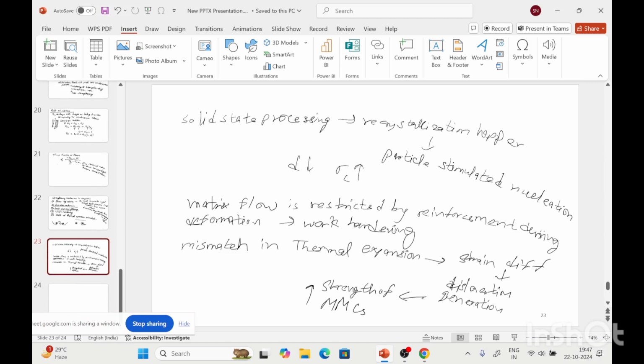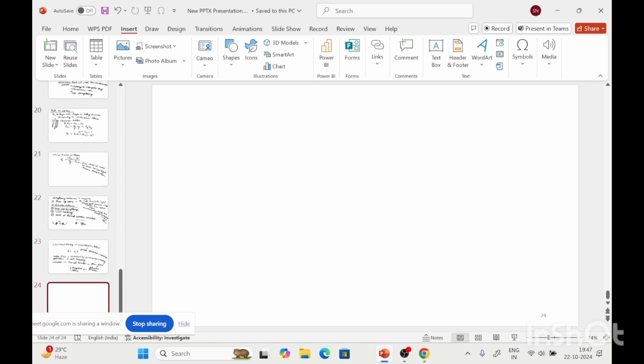And the next is the fracture mechanism in the metal matrix composite.